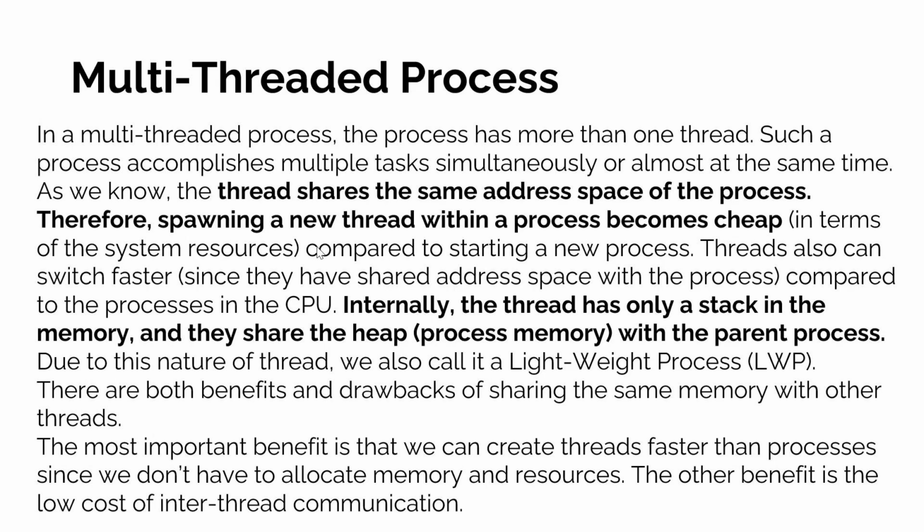So when you have a multi-threaded process, whatever the CPU gave to the process is shared by all the threads, and all the threads can run simultaneously. Because of this, your output is faster. Therefore, spawning a new thread within a process becomes cheap, and this is called context switching. Remember this process is called context switching.